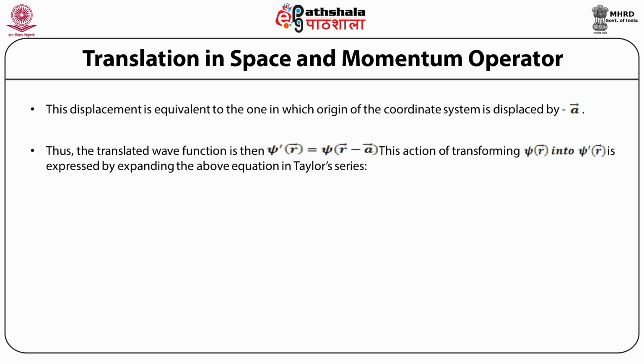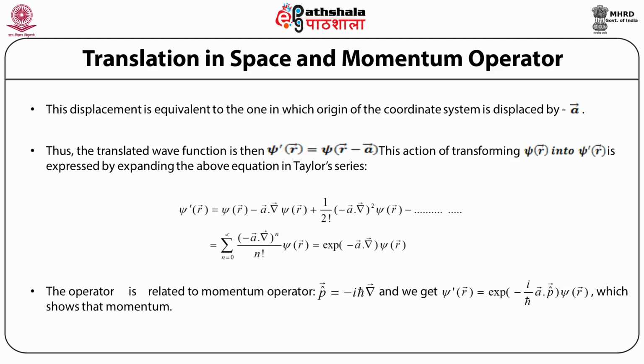So we have psi prime of r given by psi of r minus vector a dot vector del times psi of r, plus 1 upon 2 factorial times within brackets minus vector a dot del, whole squared, times psi of r, minus and so on.